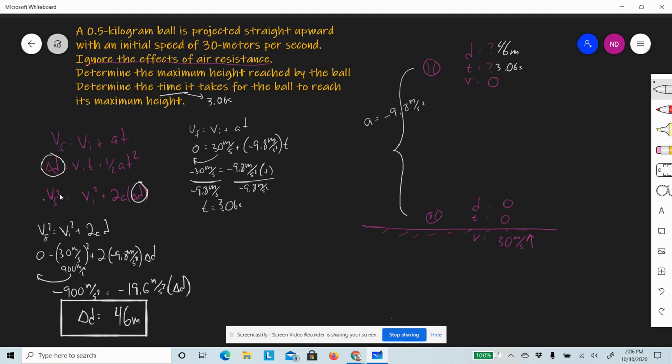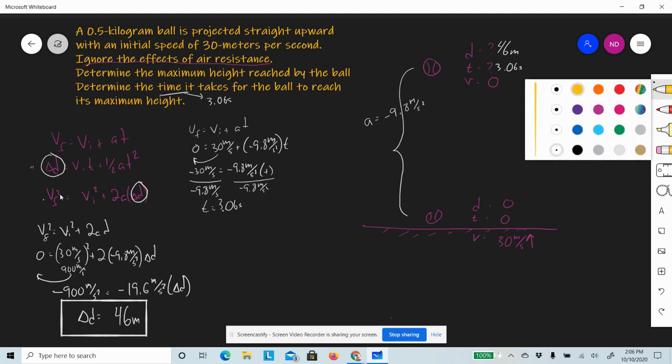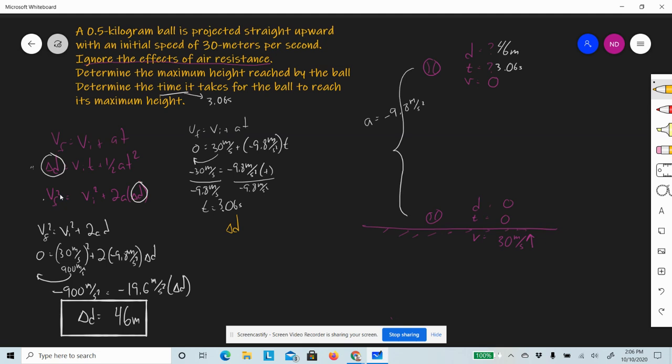46 meters. I wonder if we used this equation, would we get the same thing? Let's compare and find out. Delta D equals VIT plus 1/2 AT squared. This way is a little more annoying, a little more math, but you're going to get the same answer. Change in distance is what we want to solve for. VI starts at 30 meters per second upward.